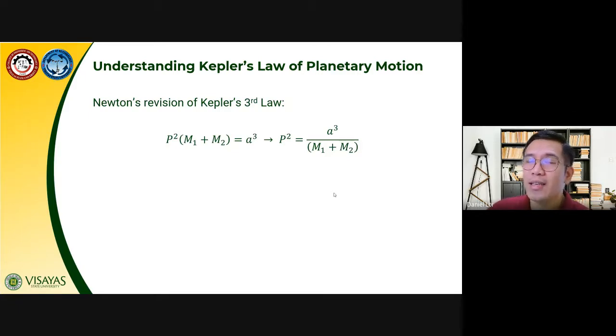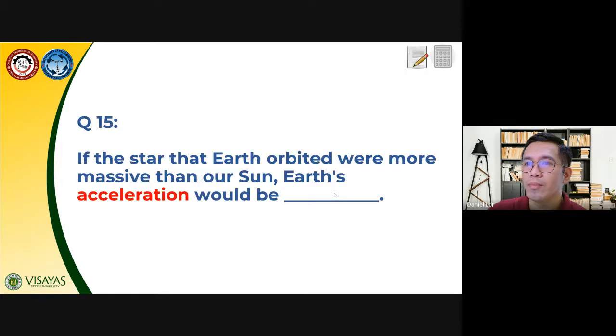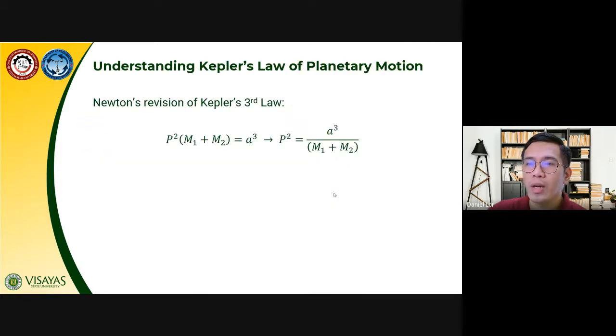That this relationship should involve mass should make some sense given what we already know about the relationship between force, mass, and acceleration, and that the force of gravity itself depends upon the masses of the bodies involved. Okay.